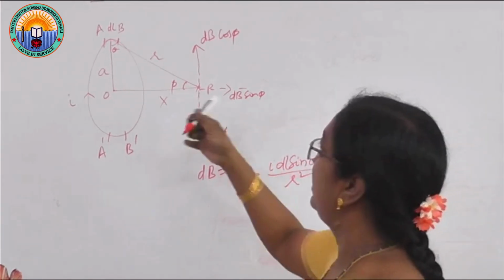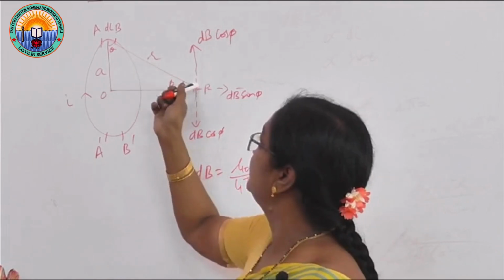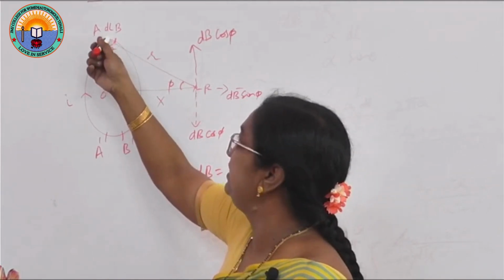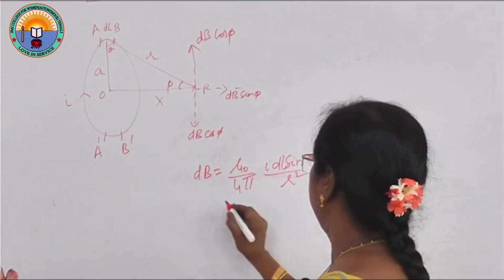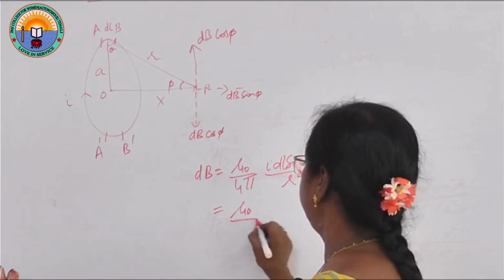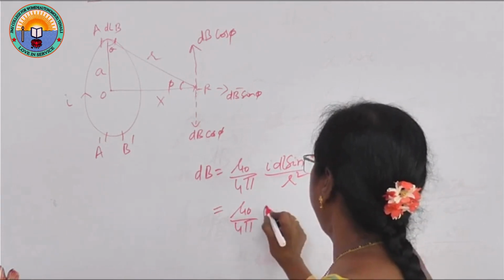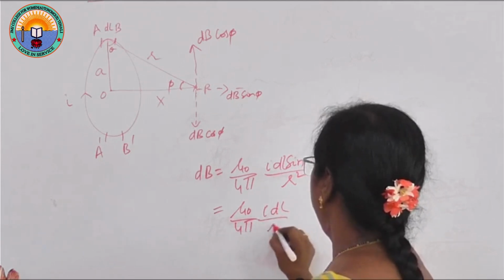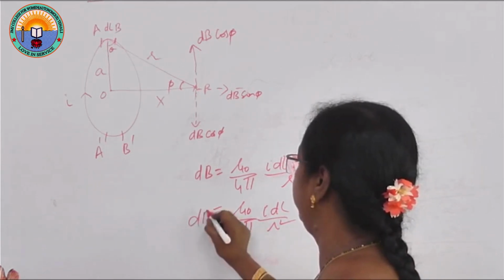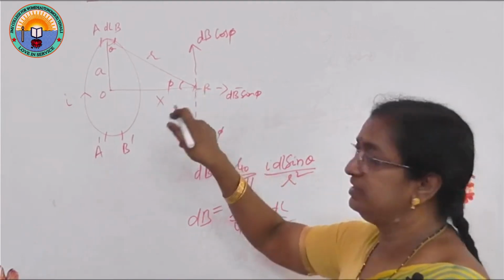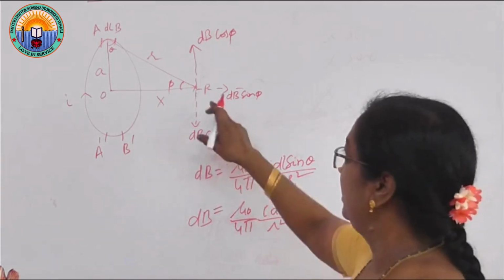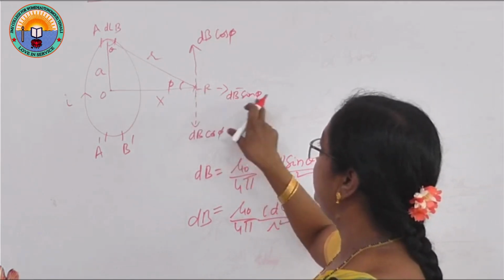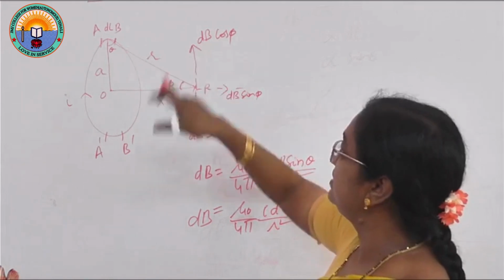The angle theta between this line and this element is 90 degrees. So dB is equal to mu naught by 4 pi I dl by r square. The magnetic induction dB can be resolved into two components. Parallel component is dB sin phi and perpendicular component is dB cos phi.